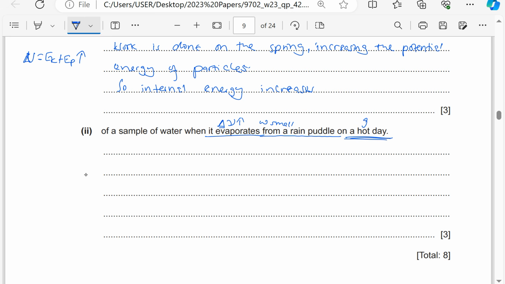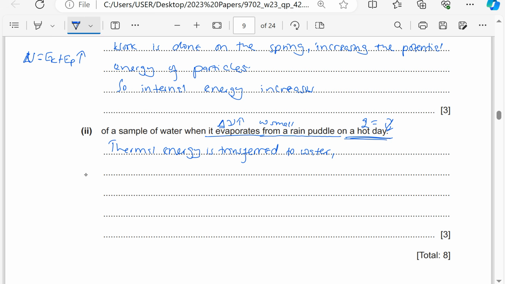So there is some thermal energy transfer into the system, which is going to increase the internal energy. So thermal energy is transferred to the water because it is a hot day.